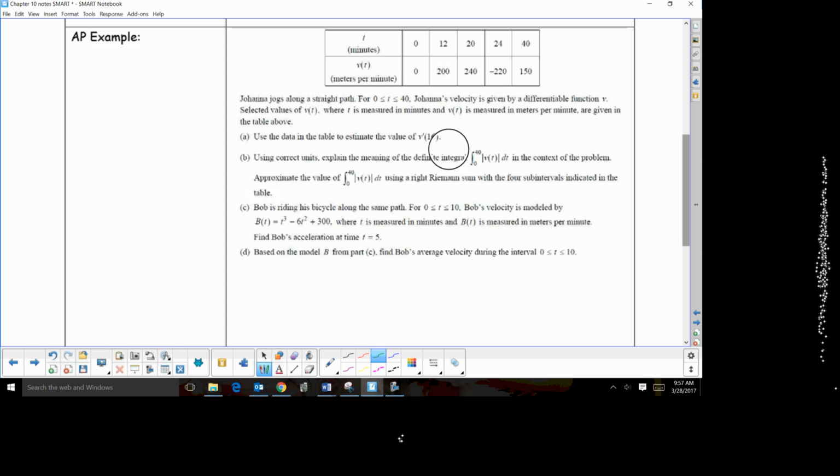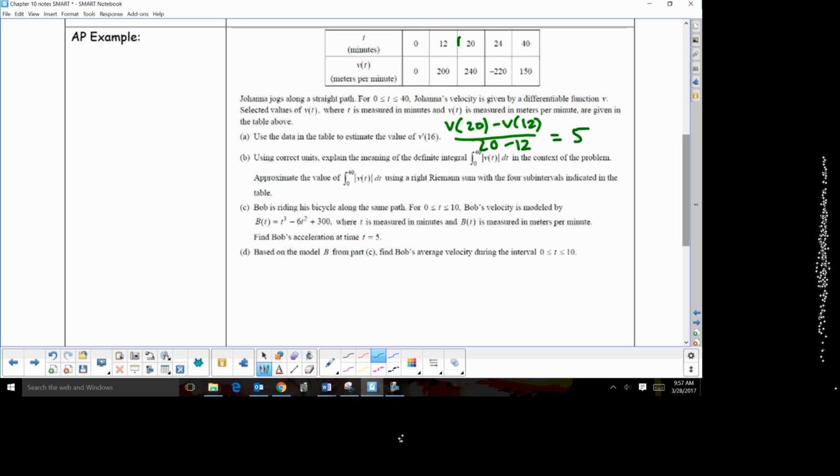So if I had v of 20 minus v of 12 over 20 minus 12, do I have a difference? Do I have a quotient? Is this full credit though? No, because I'm still in function form. What if I wrote that?